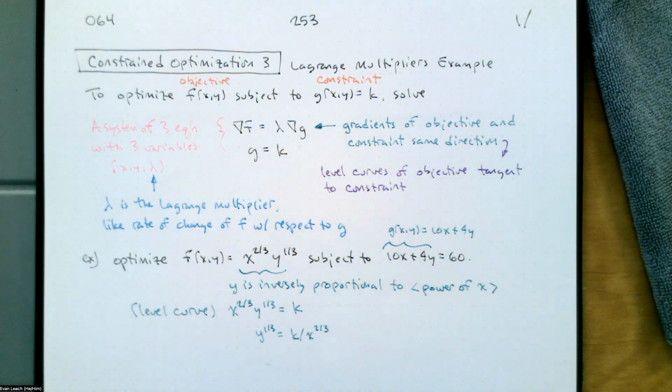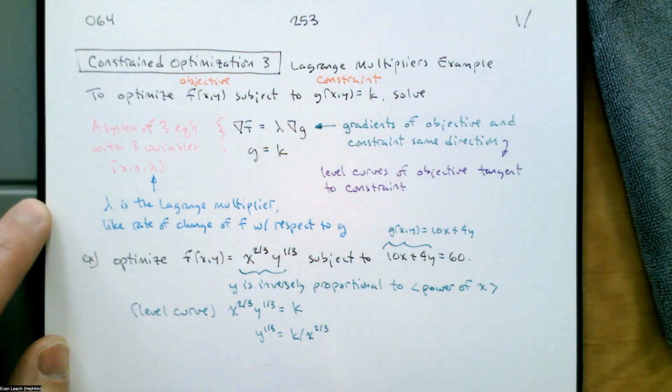Then to get y by itself, I raise both sides to the 3rd power, not the 1/3 power, to the 3. That gives us y equal to some other constant over x squared. I actually have the lowercase k to the 3rd power, but it's just some constant, so I'm going to give it a different name.